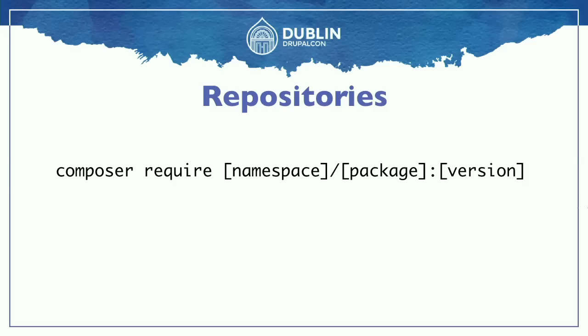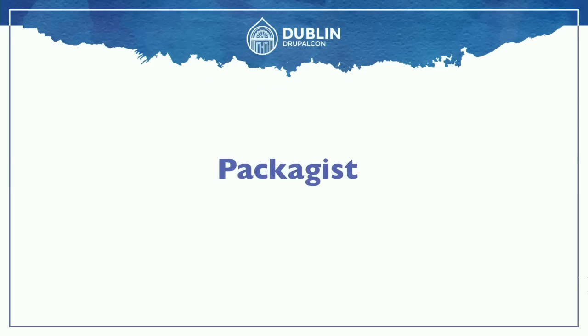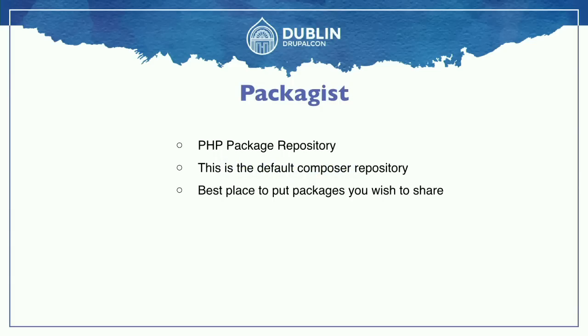Fantastic. So it's going to install it, but where's it going to get it? We didn't define anything about where this library exists. That's where Packagist comes into play. So Packagist is a PHP package repository, and this is actually the default Composer repository.